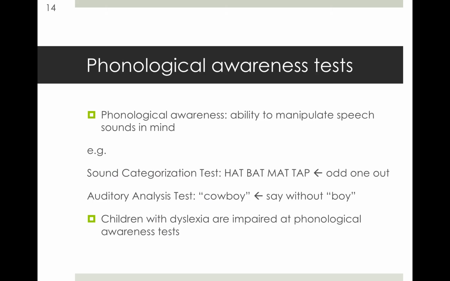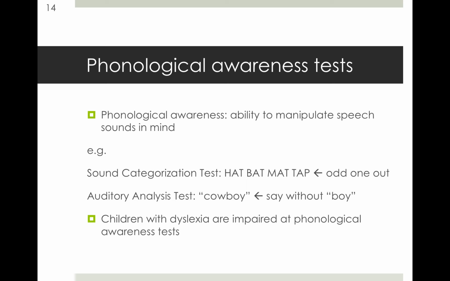Phonological awareness test. This is the ability to manipulate speech sounds in your mind. Phonology just means sounds of your language, and awareness means that you have conscious knowledge of these sounds in your language. One of these auditory specific tests for dyslexia could be sound categorization.